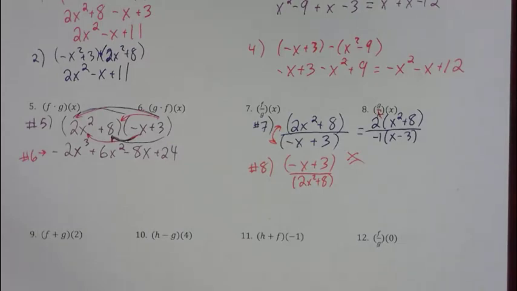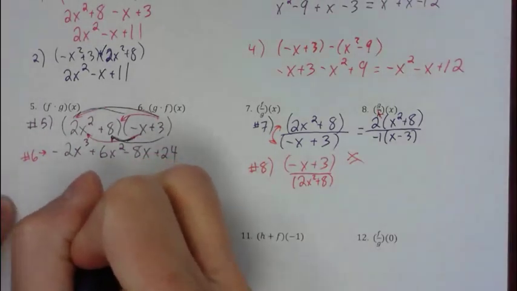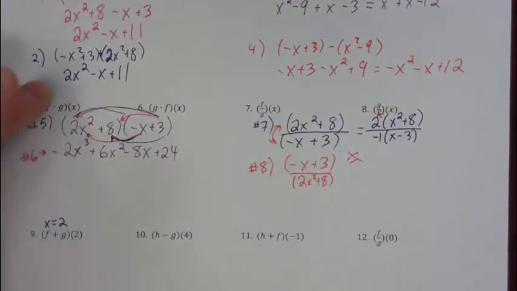Lastly, like with other kinds of function operations, you might also need to evaluate the answer at a certain x value. For instance, in number 9, we're doing f plus g of 2. We're figuring out what happens if x is 2, and we put it into the result of f plus g. If you recall, 2x squared minus x plus 11 is what we got from f plus g.